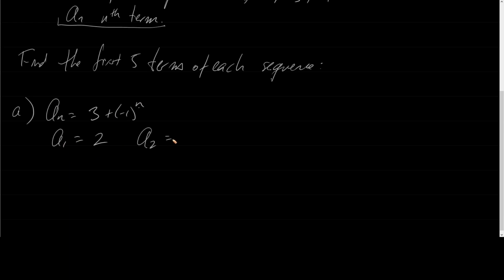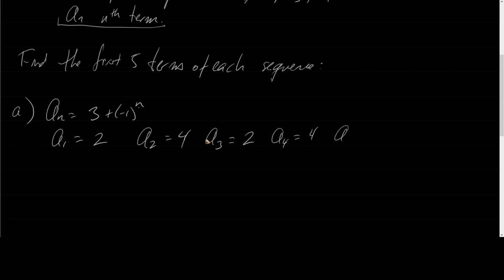A sub 2, plug in 2. Negative 1 to the second is positive 1. 3 plus 1 is 4. A sub 3, plug in 3. Negative 1 to the third is negative 1. 3 plus negative 1 is 2. A sub 4, negative 1 to the fourth is positive 1. 3 plus 1 is 4.